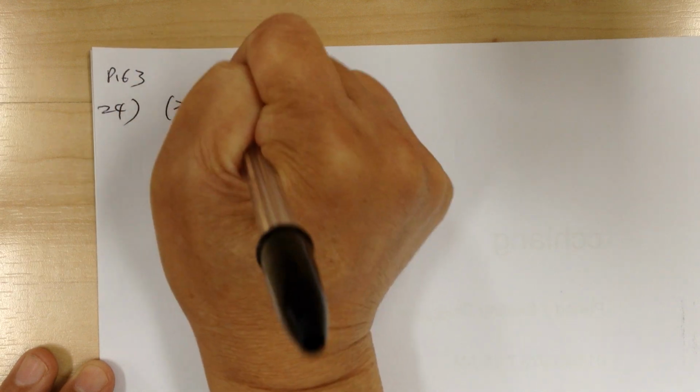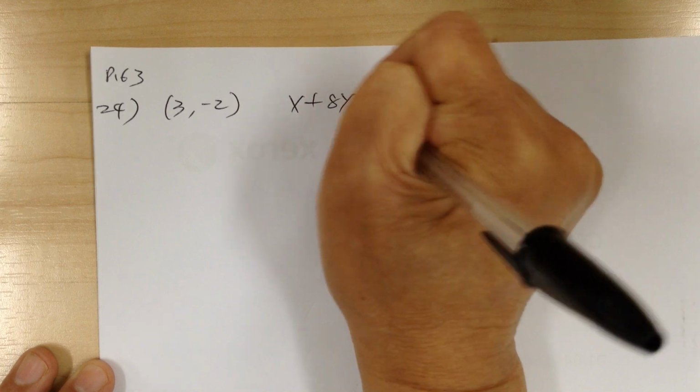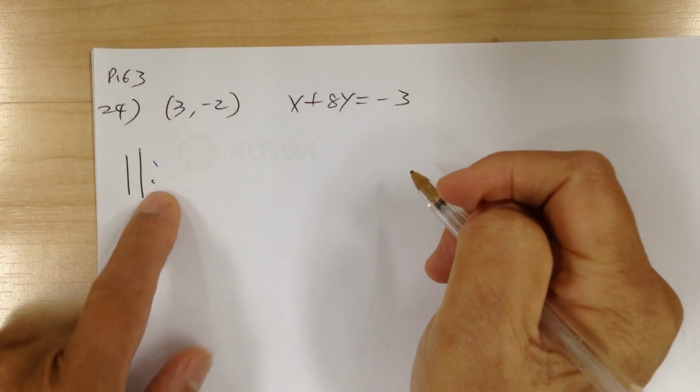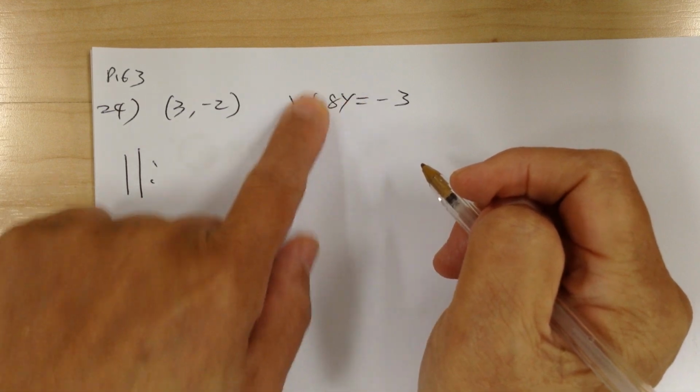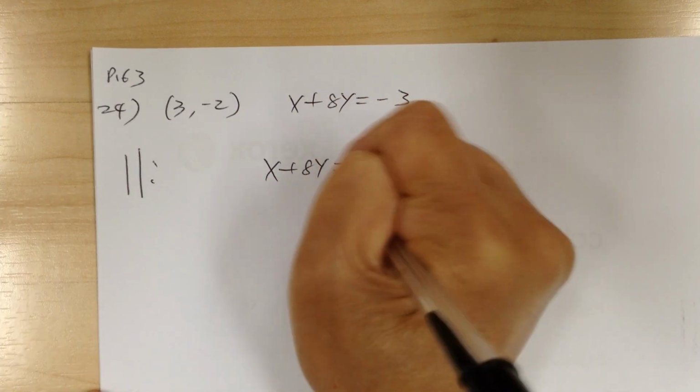Okay, 24. The point is (3, negative 2), and the equation is x plus 8y equal to negative 3. So you can do the parallel. If the line is going to be parallel to that, you're going to have the same coefficients. So you're going to have x plus 8y equal to something.